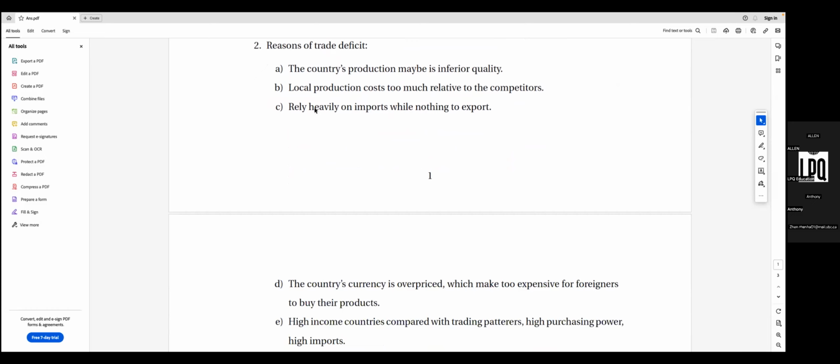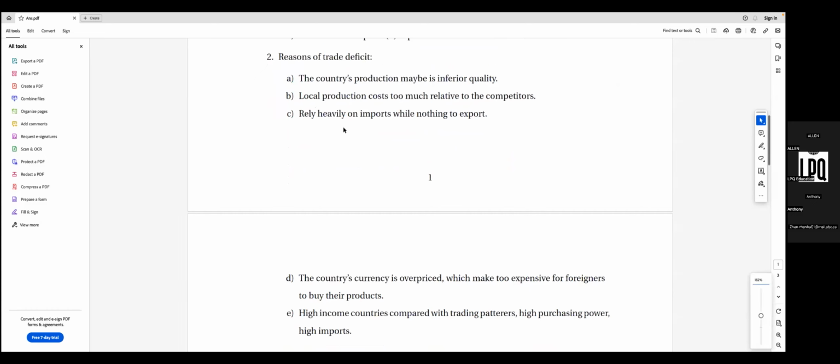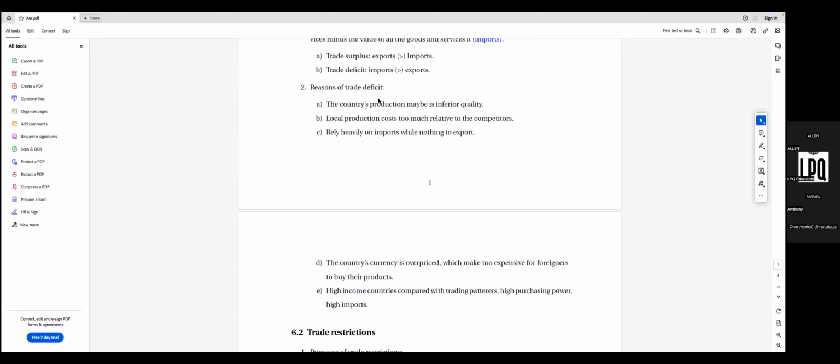A very straightforward one is that you are producing something bad, due to inferior quality. So no foreigners are willing to buy those goods and services made in your country. So no exporting, and finally you can be a trade deficit country.